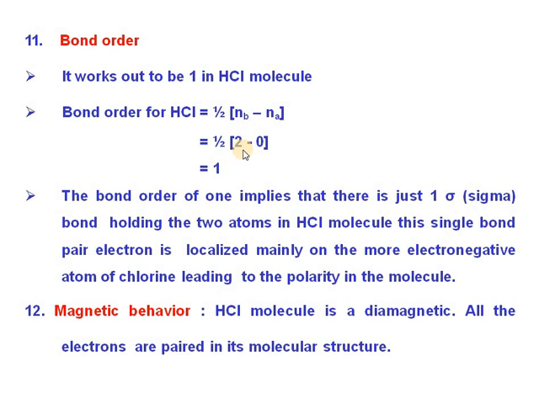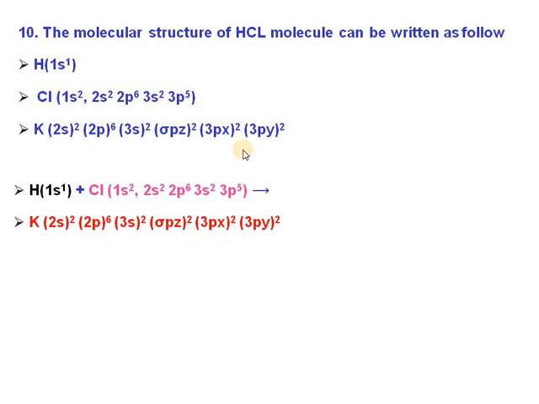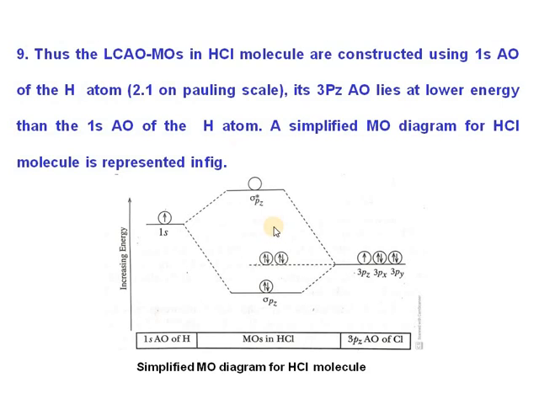So this we have seen in the molecular orbital diagram: the bonding molecular orbital has only 2 electrons, and the antibonding molecular orbitals have no electrons, or 0, and there are 4 electrons which are non-bonding electrons. Therefore, only 2 electrons are present in bonding molecular orbitals, and antibonding molecular orbitals have 0 electrons.